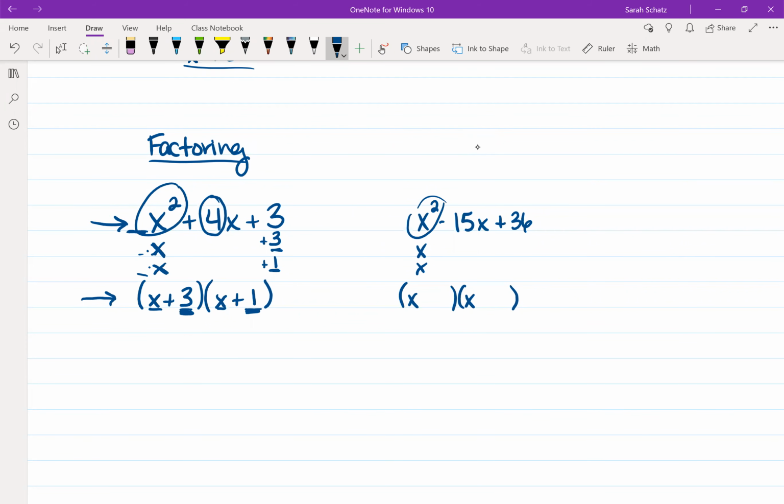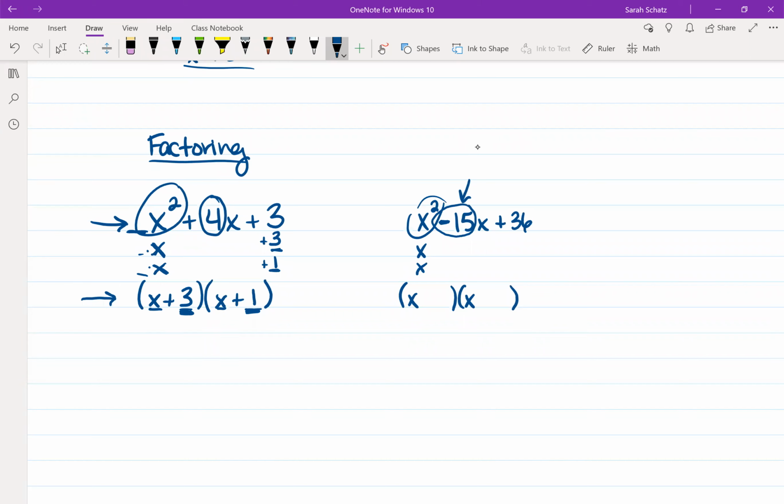But you guys, 36. I mean, there's a lot of choices here, right? 36 is a super factorable number. So what I'm going to do is think of factors of 36, and notice the minus here. That minus does matter. When I'm trying to add these 2 factors up, they have to equal the middle number, which is negative 15.